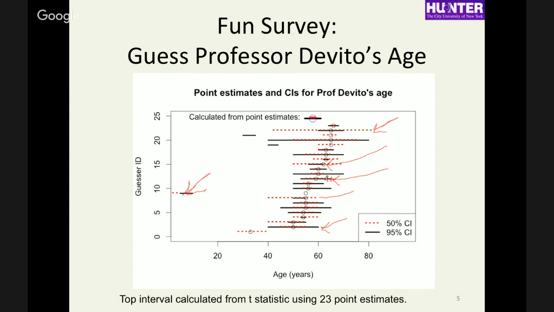What's something new that's a little bit odd about that confidence interval? Yep. Yeah, that's one thing. The 50% confidence interval is wider than the 95% one. That we know is wrong.